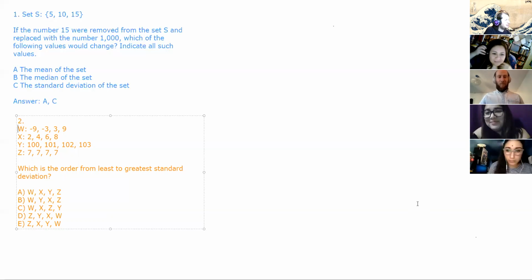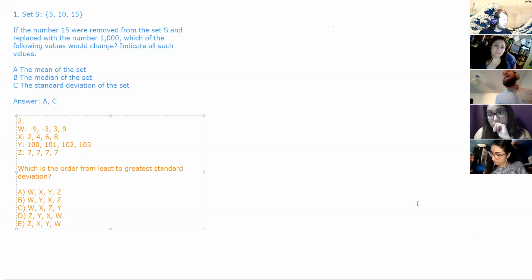Yeah, so the standard deviation is a measure of how spread out the numbers in a set are. In other words, how far are the individual data points from the average of all the data points. The GRE will not ask you to calculate standard deviation. In problems like this one, you will be able to eyeball which sets are more spread out and which are less spread out.